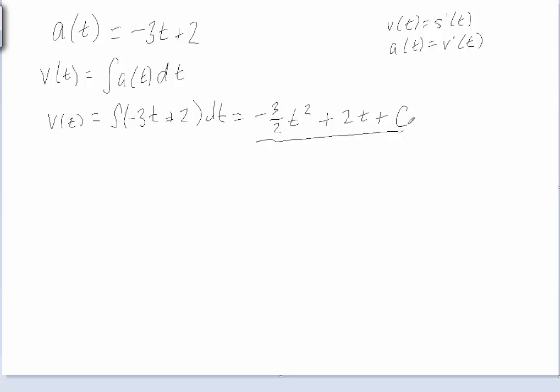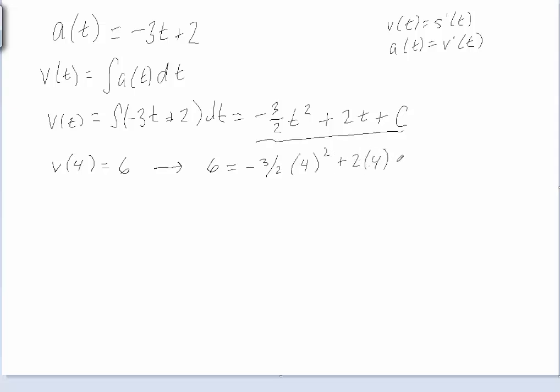Now, how do we find that constant? This is where we use initial conditions. So let's say we know that the velocity at time t equals 4 is 6. So if this is the velocity function, that means velocity is 6 when t is 4.